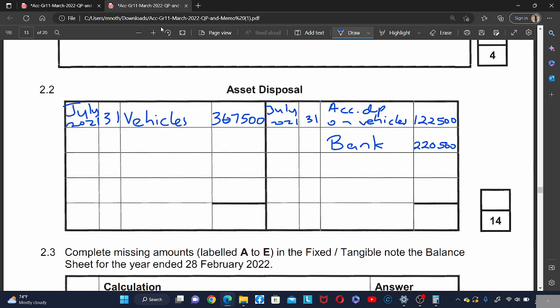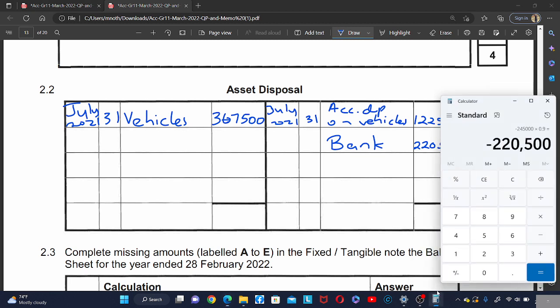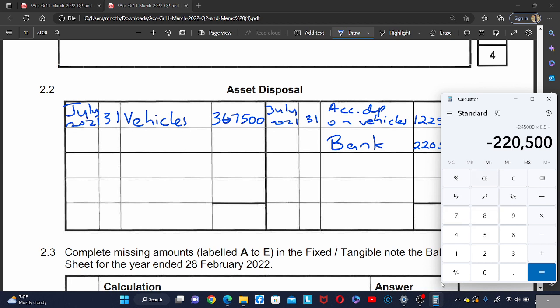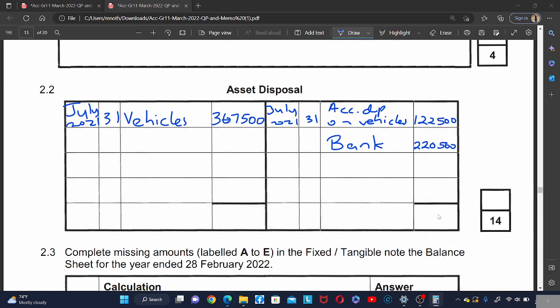Then once we are here, we need to check which side is bigger. The side that is bigger is the debit side. It is 367,500.